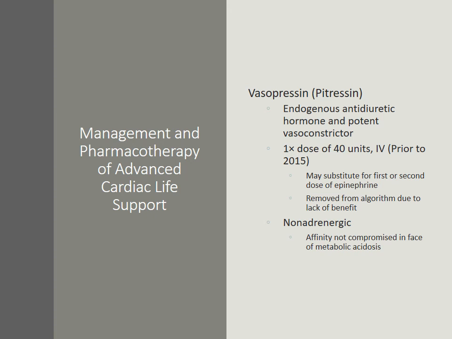Because the effects of vasopressin have not been shown to be exceedingly different from the effects of epinephrine, this dose was to be administered in lieu of the first or second dose of epinephrine when treating any form of sudden cardiac death. However, more recently, vasopressin was removed from the algorithm because of the lack of benefit over epinephrine.